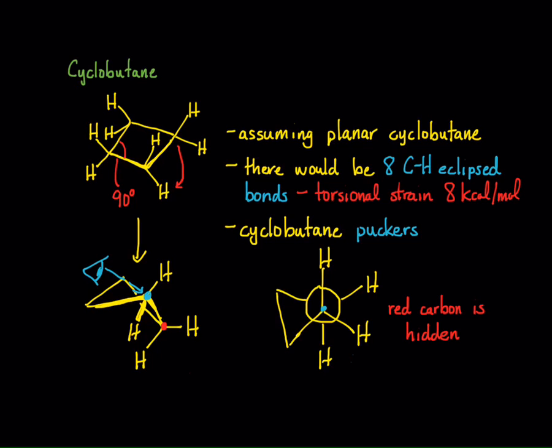Now the cool thing about this ability to pucker is, because it's flexible, we can think about the ability of cyclobutane to pucker one of two ways. And so if I drew that puckered molecule again, showing one of the carbon-carbon bonds coming out at me, one going behind me, I can draw that type of structure.